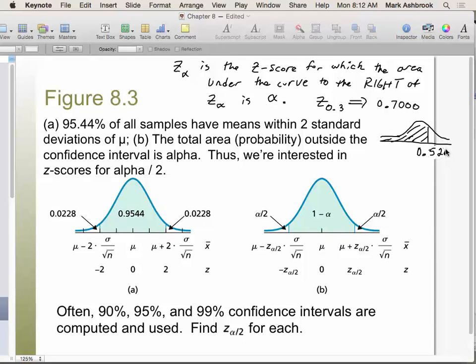Okay, so you're doing between. So where's the area of 0.3 again? To the right. This area here is 0.3, and this area here is 0.7. So this is then Z alpha, where alpha is 0.3. Z 0.3 is about 0.525.